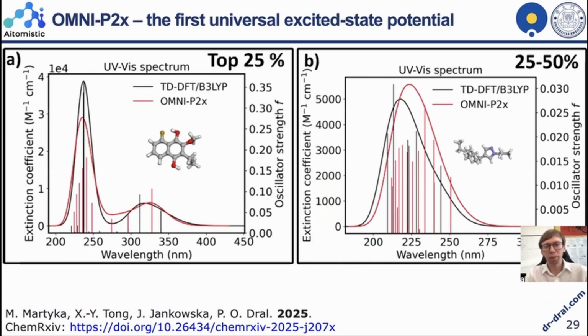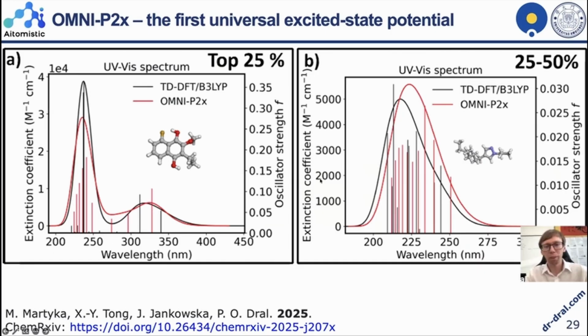The most straightforward application of this approach is to calculate UV spectra. If you look at single point convolution spectra, done for a single equilibrium geometry, they're quite decent compared to the TD-DFT reference, although not perfect.